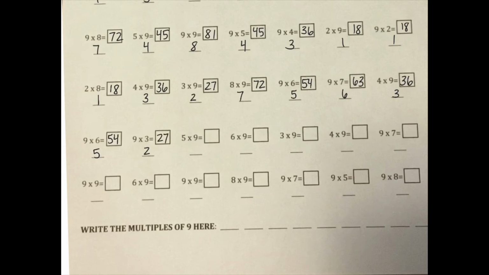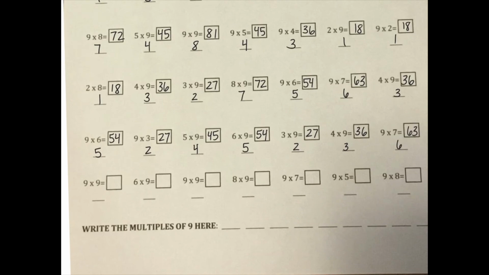5 times 9, 1 less, 45. 6 times 9, 1 less, 54. 3 times 9, 1 less, 27. 4 times 9, 1 less, 36. 9 times 7, 1 less, 63. I can't read this one on my screen.